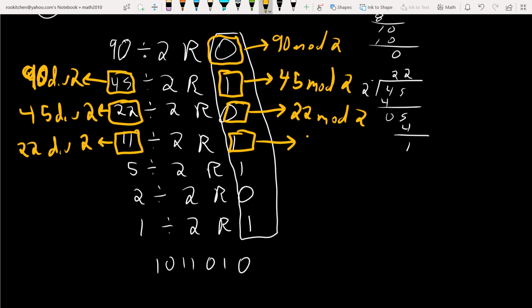So this one would be then 11 mod 2, etc.